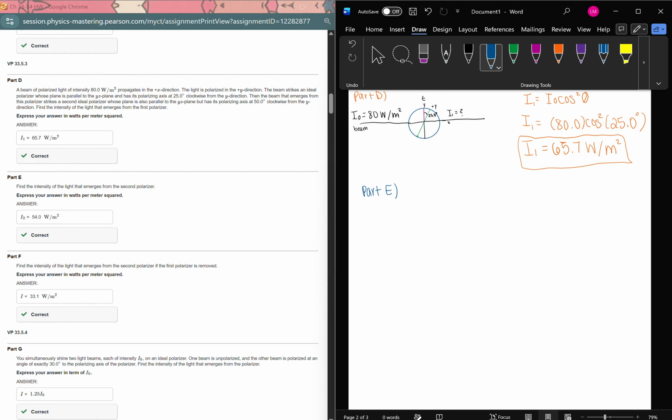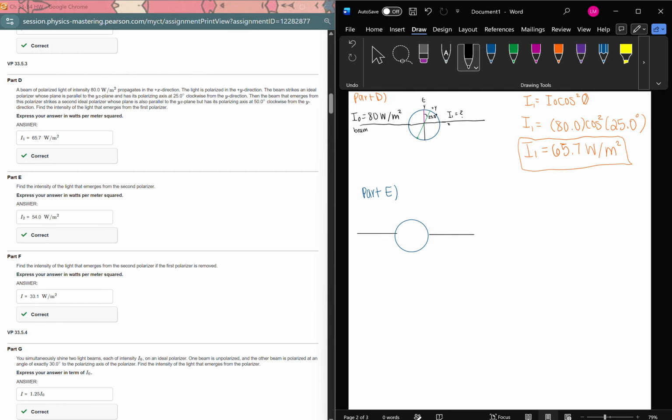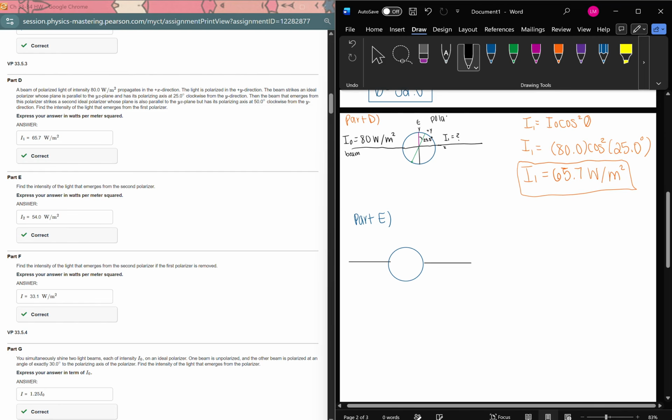We are going to continue drawing it. I'm going to draw a new one since we know a lot of the things now. Okay, there we go. So this is going to be polarizer 2. This is polarizer 1. This is the initial we know, which is 80. Oh wait, sorry, we're continuing from here.